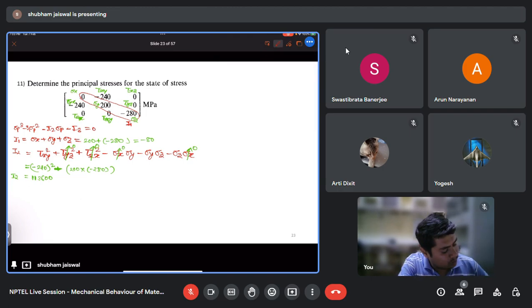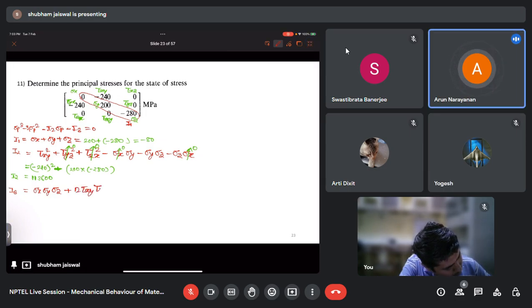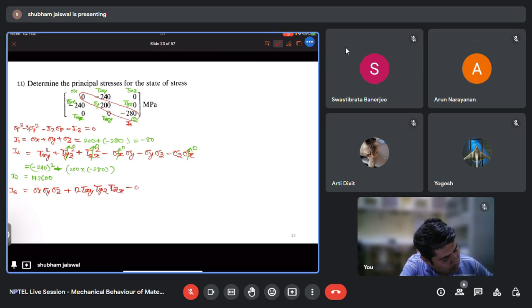Okay. So now we need to calculate I3. So what is I3? Sigma x, sigma y, sigma z plus 2 tau xy, tau yz, tau zx minus sigma x tau yz squared minus sigma y tau xz squared minus sigma z tau xy squared.